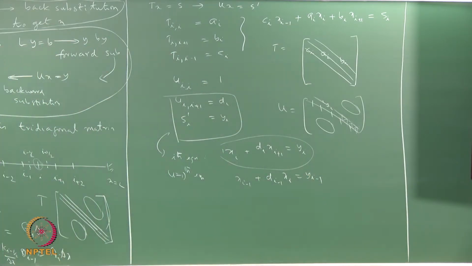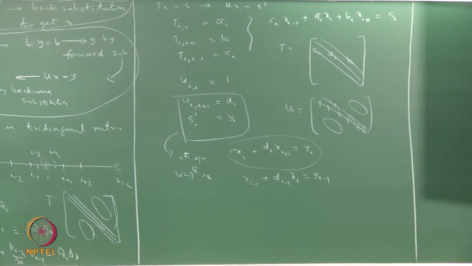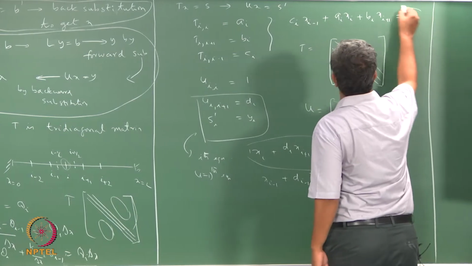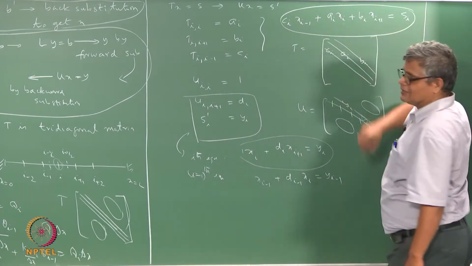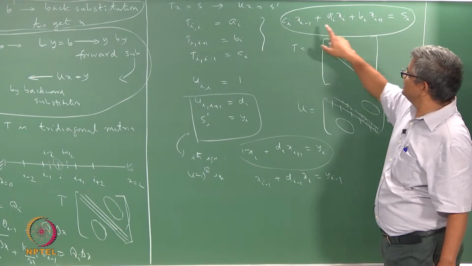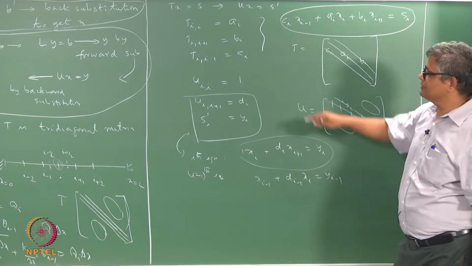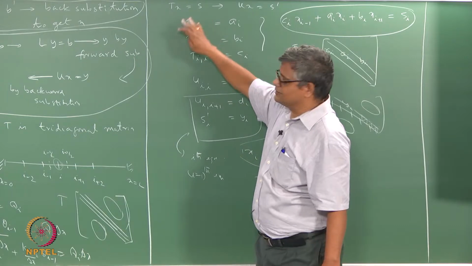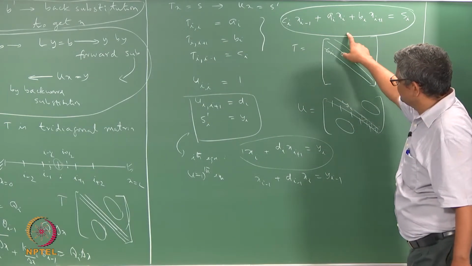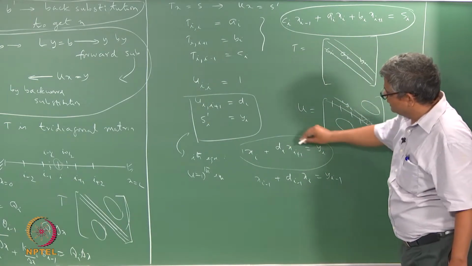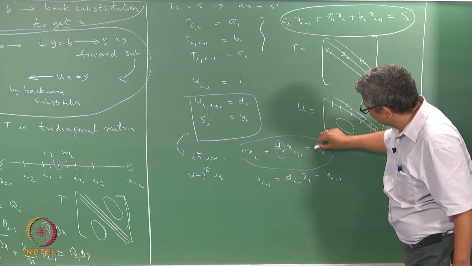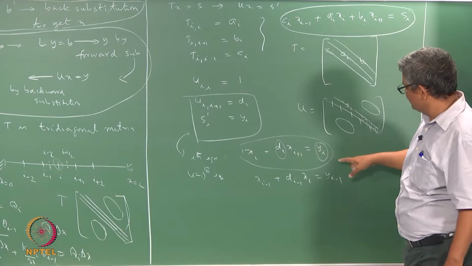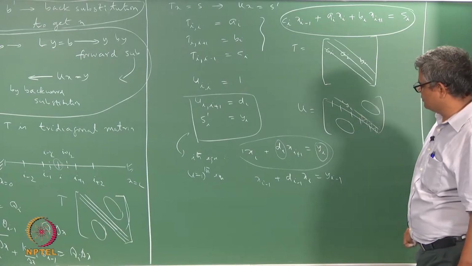Now what we would like to do is to convert this equation, in which we already know ci, ai, bi, si, because that is what we have derived here. So all the coefficients in this T are known. We want to convert this into this form and determine this di and yi for each of these equations, because once we do this, then it is possible to do this back substitution here.